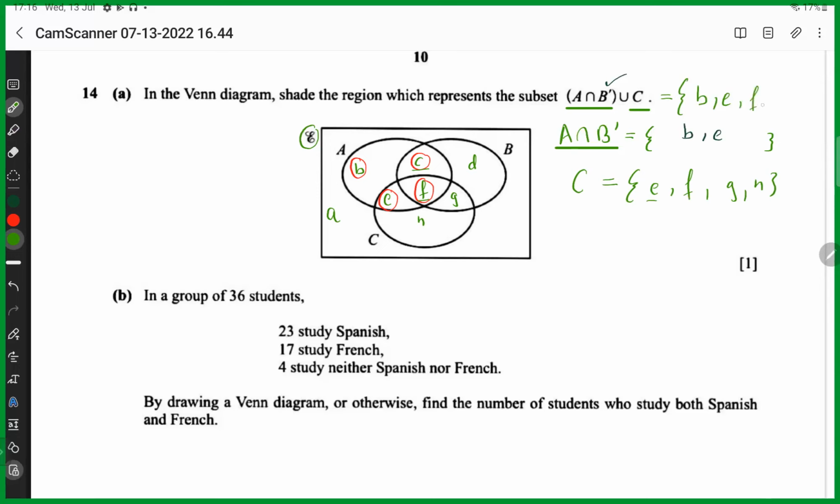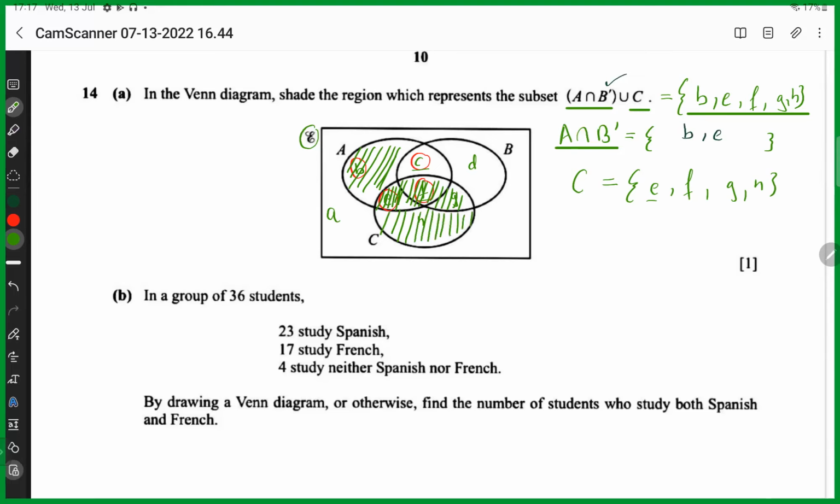Then we have F, G, and H. I am now supposed to shade these regions and this would give me the correct answer. So we have B, we have E, we have F, we have G, and we have H. Yes, that is certainly correct.